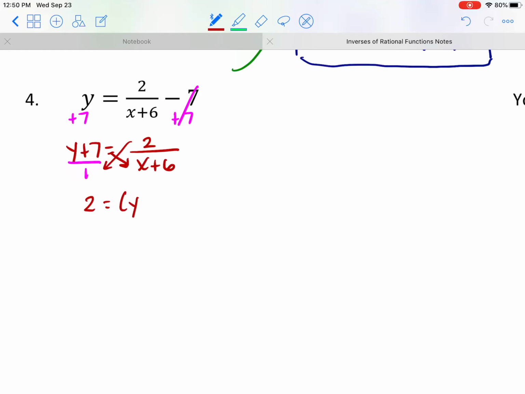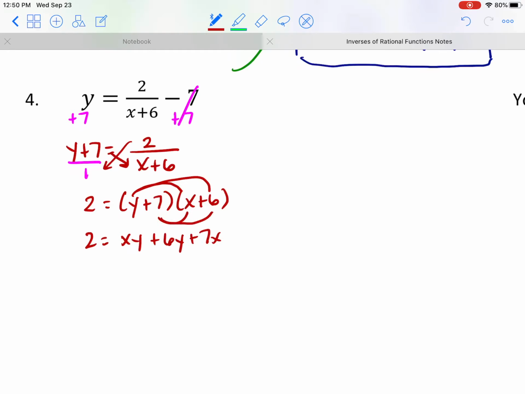And then it's going to get a little ugly here. We have to distribute a y plus 7 to an x plus 6. So 2 is going to equal xy, 6y, 7x, and then 7 times 6, which is 42.